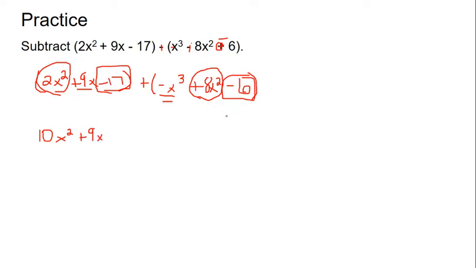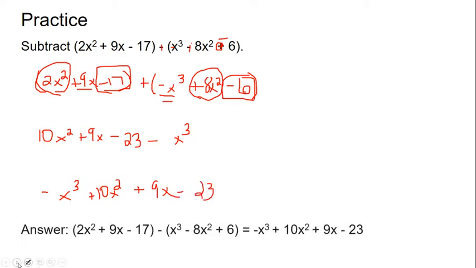Negative 17 plus a negative 6 gives us a negative 23. And then our negative x cubed. So then our last step, remember, is just to reorder them. So we're going to have our negative x cubed plus 10x squared plus 9x minus 23. And that should be your answer.